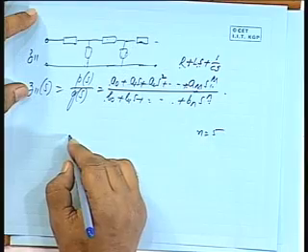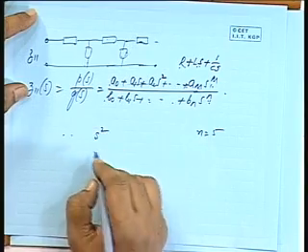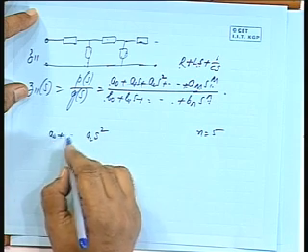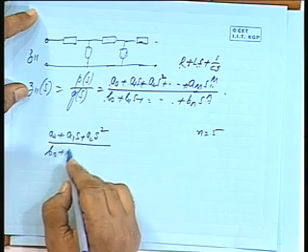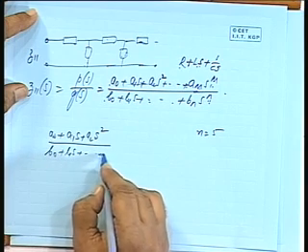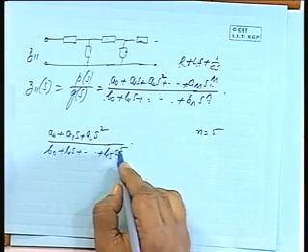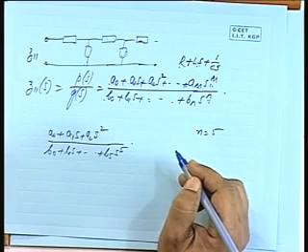So, suppose s to the power 2 is the last term, I get a0 plus a1s plus a2s squared divided by b0 plus b1s plus up to b5 s to the power 5. Is it possible to have this type of network function, driving point impedance?